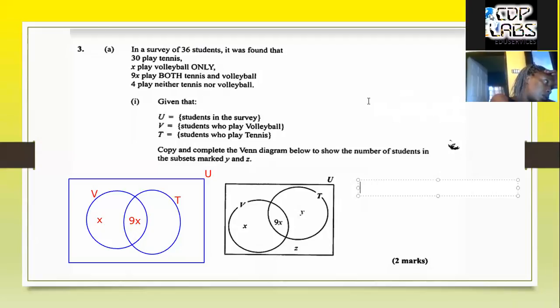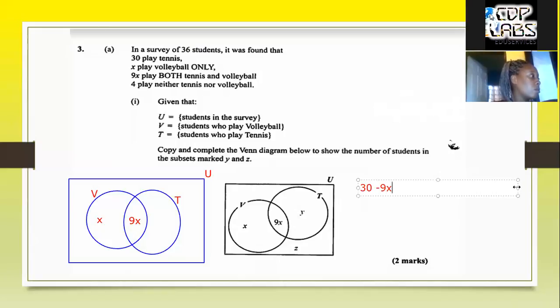Remember that the 30 represents everything in tennis, right? So tennis only will be the difference between the total number of students who play tennis and those who play both.